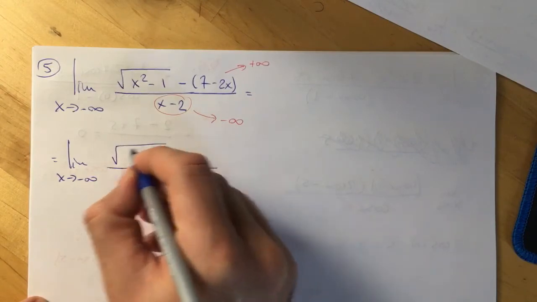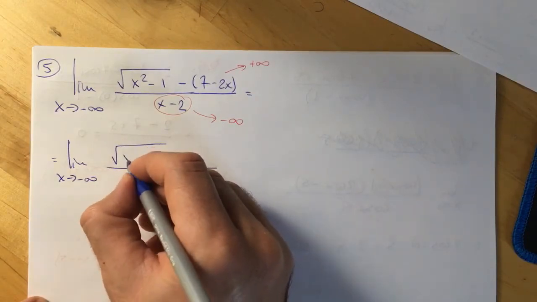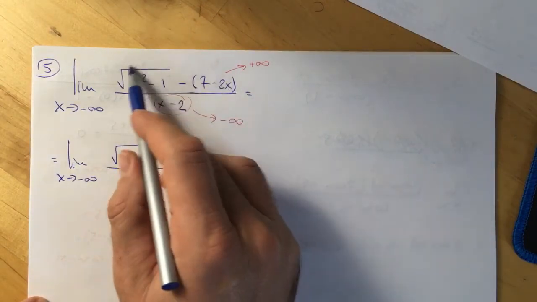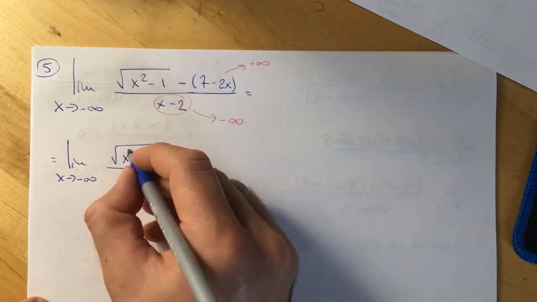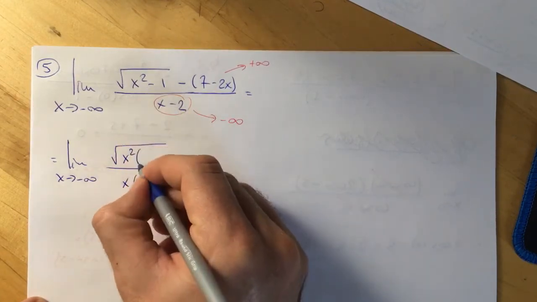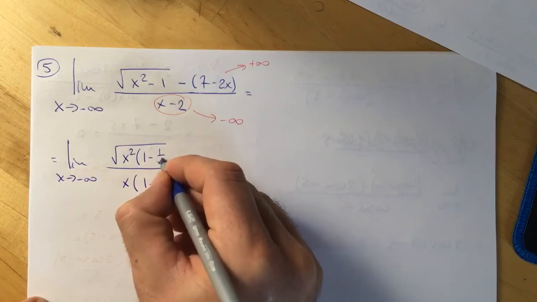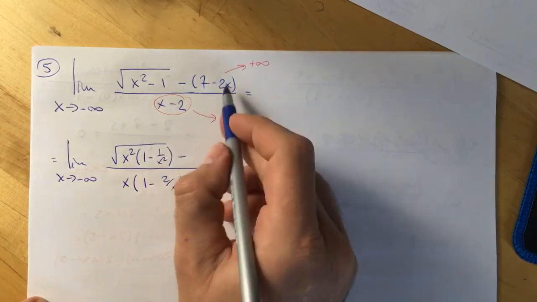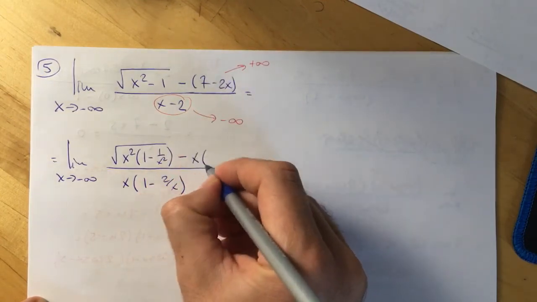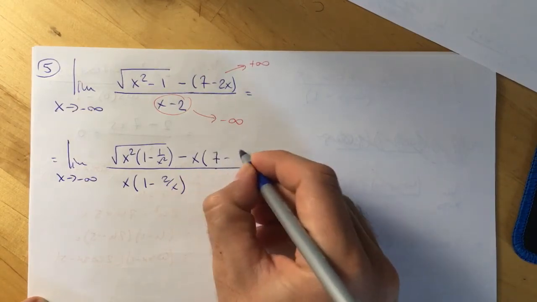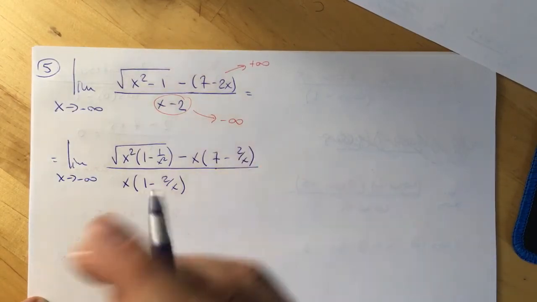So the highest exponent in the numerator is x, although here it's disguised a little bit. So first I factor x squared under the root, which leaves me with 1 minus 1 over x squared. Minus, for this factor out x, and you're left with 7 minus 2 over x.